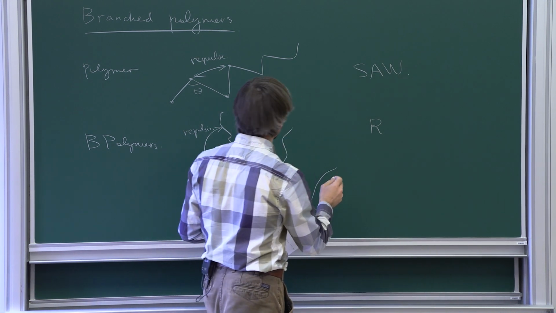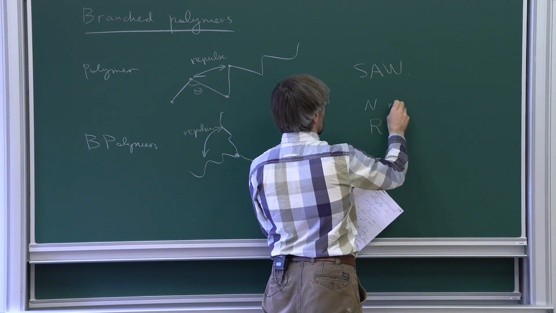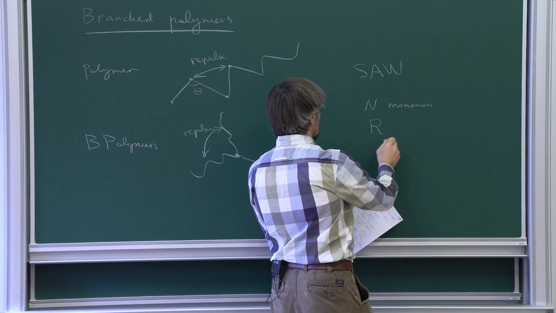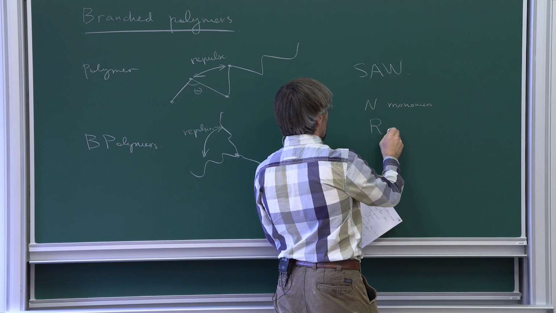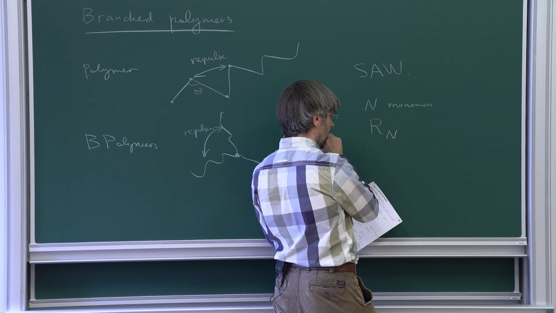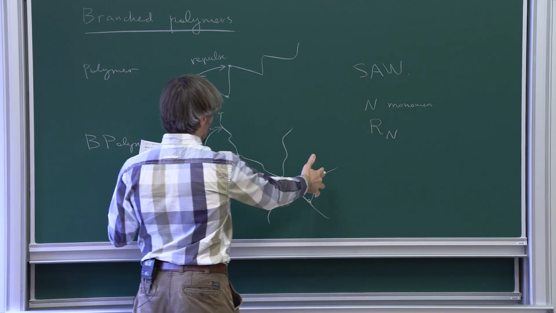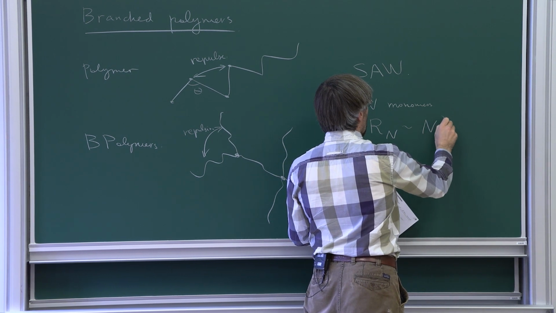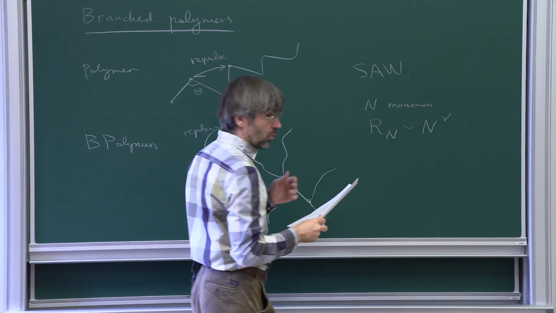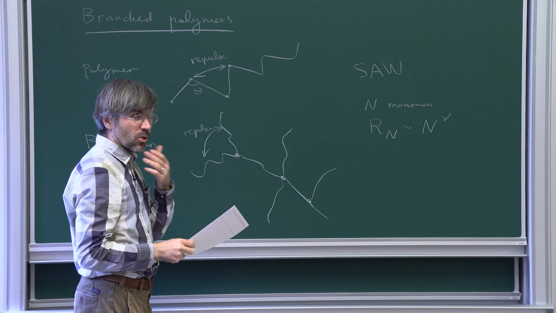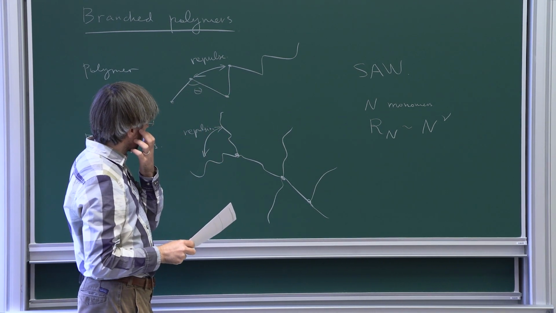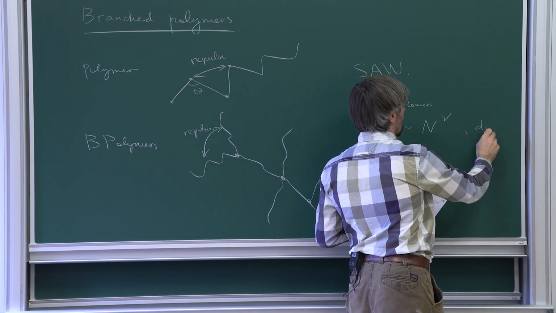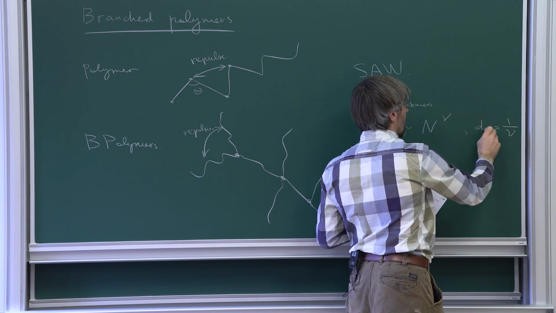Let's suppose you take a polymer which is made out of n monomers, and you can ask for the radius of the polymer as a function of n, the average radius of this object, and it's going to go as n to some power, and this power is denoted by nu, which is the critical exponent of the problem. So it's a universal number, and the Hausdorff dimension of this branched polymer is related to this nu as 1 over nu.